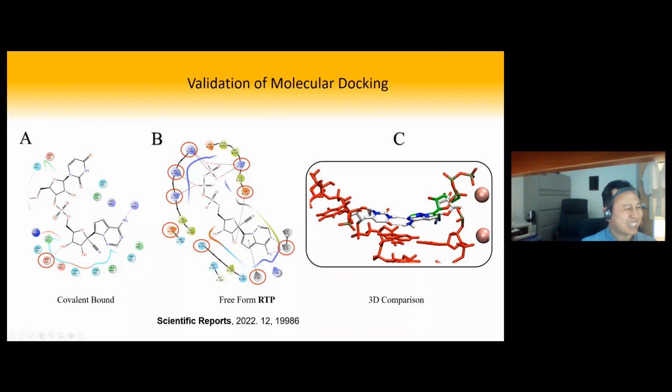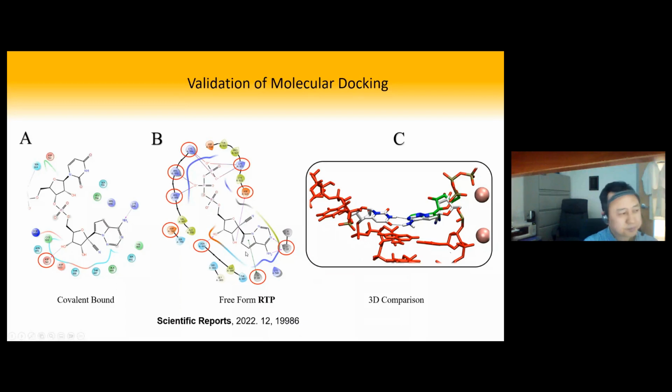So this is the final set of compounds. We picked these compounds, and we also validated them. I guess this is the first validation with the existing compound. We had to do a little bit of modeling because in the crystal structure this forms a covalent bond, so we broke that bond to mimic the initial binding state, and we got a very good overlap with the experimental structure.